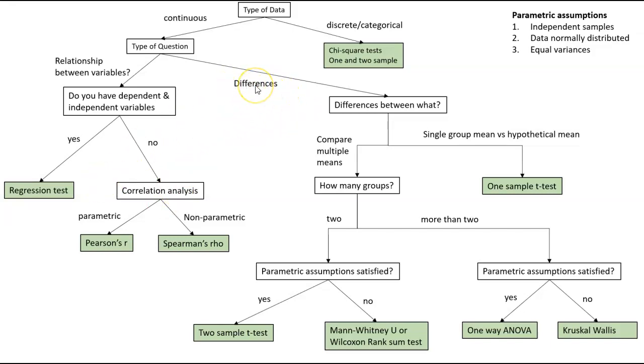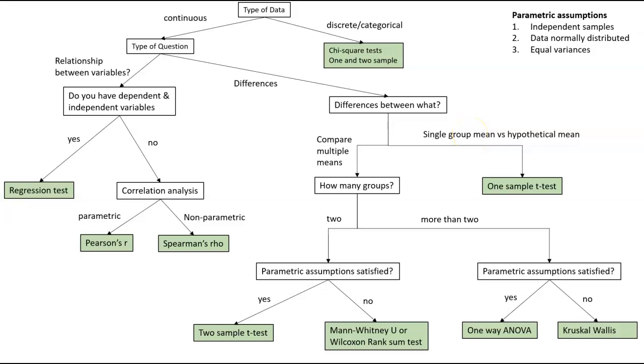Okay, let's instead assume that we want to compare the differences between groups. So we have many data points from different groups of data points. We can actually also have just a single group where we're going to compare the mean versus some hypothetical mean.